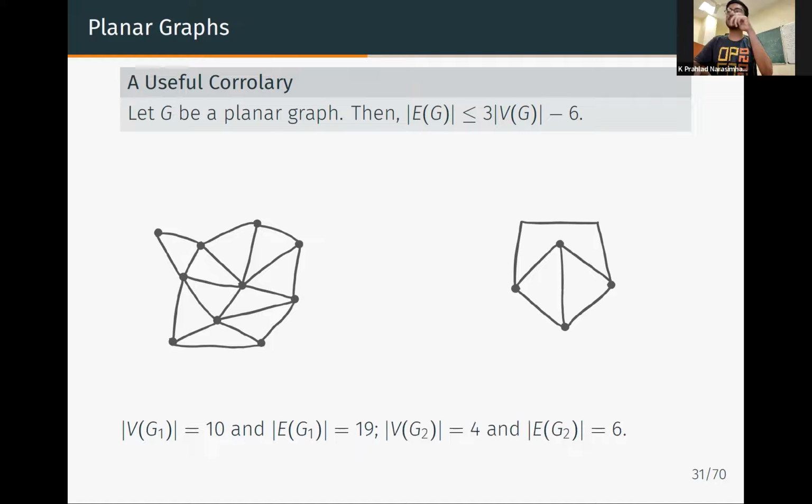And if you look at the one on the right, the number of vertices is 4 and the number of edges is 6. And if you plug this in, you get 6 is less than or equal to 3 times 4, which is 12, minus 6. So you get 6 is less than or equal to 6. Therefore, this is also tight, right? In the sense that there exists a graph where there is an equality here.